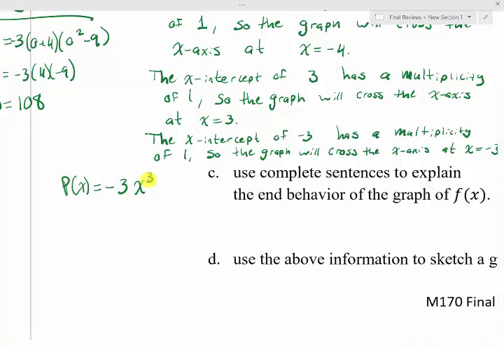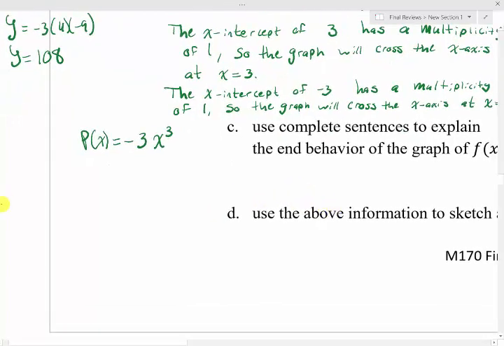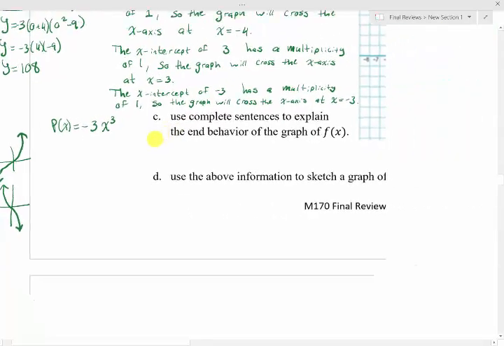So under normal circumstances, an odd degree will have a shape similar to this. But with that negative, it's going to flip it. So it's going to be something kind of like that. So the left-hand side of my graph will go to positive infinity, and the right-hand side of my graph will go to negative infinity. So we have to write that out in a complete sentence.